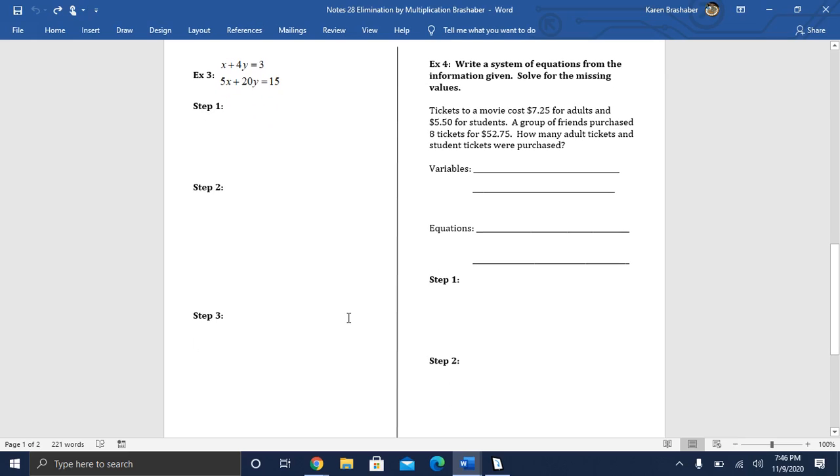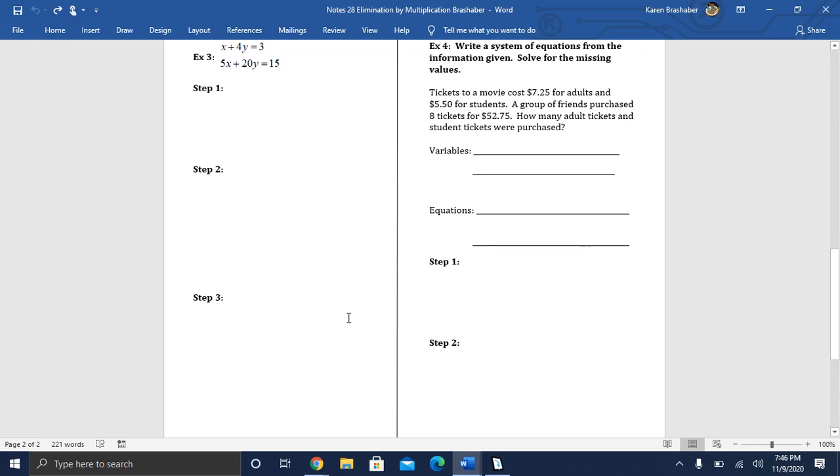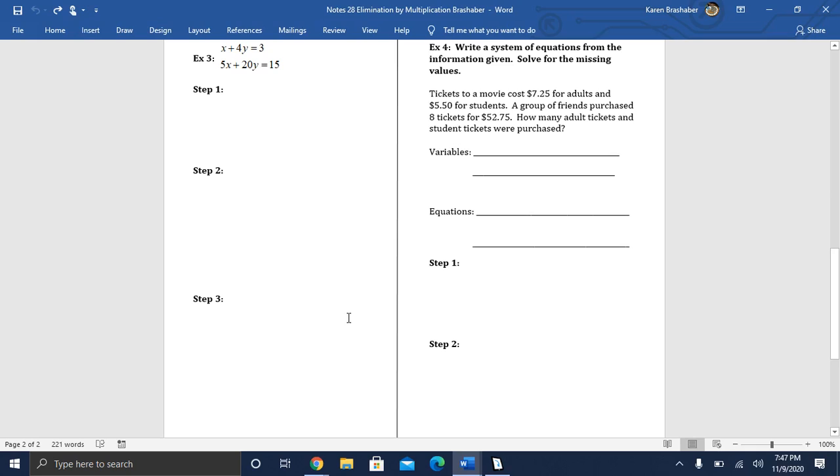All right, so moving on to example 3. In example 3, we have x plus 4y equals 3, and then 5x plus 20y equals 15. So I'm thinking about eliminating the x.